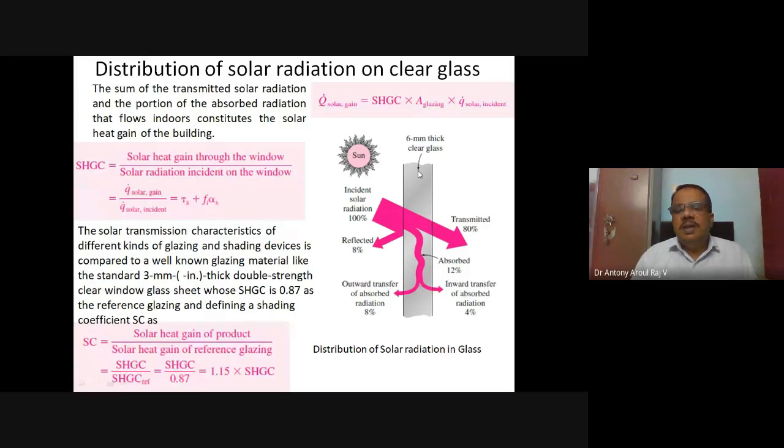This 12% which is absorbed in the glass is responsible for raising the temperature of the glass. And if you have more transmissivity, the temperature rise in the glass will be smaller. Why?